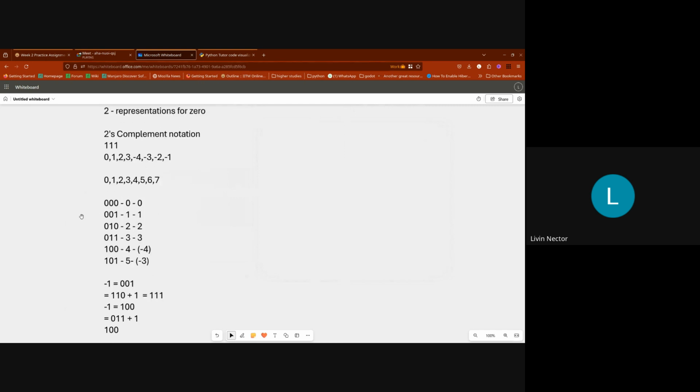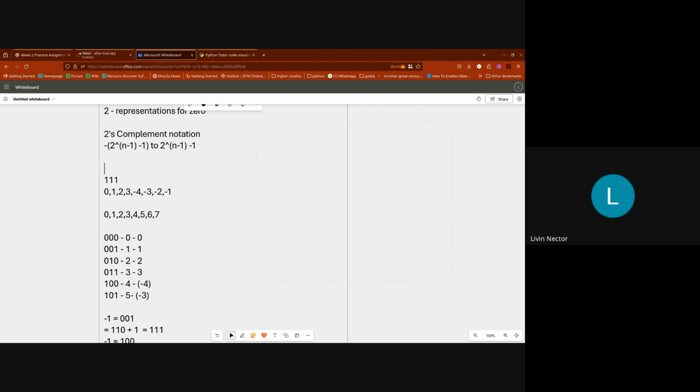In 2's complement notation, you will have this part, but this -1 will not be there. Why? Because we can represent down to -2 power n minus 1. Correct? Here from 0 to 3 only, but -1 to 4 we can represent because the one more 0 we got rid of. Correct?